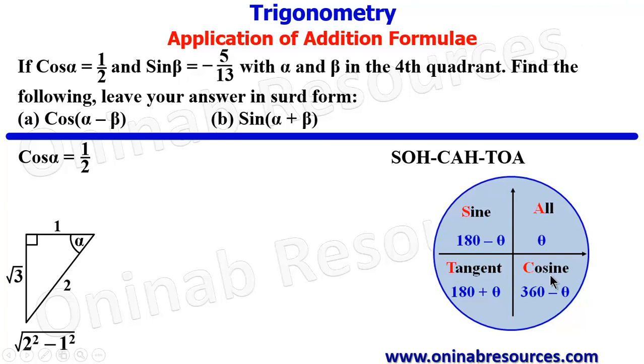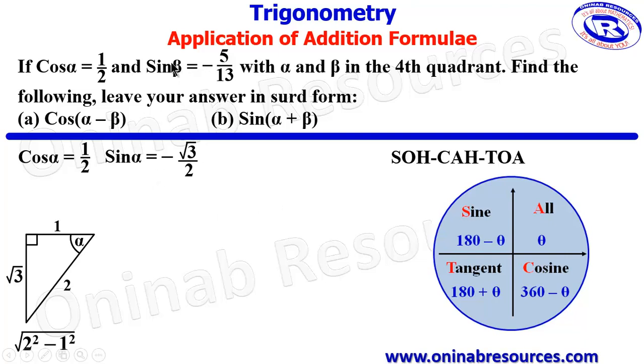And for the fourth quadrant, only cosine is positive, which means our sine alpha, since it is in the fourth quadrant, is going to be negative opposite over hypotenuse. Our opposite is root 3 and our hypotenuse remains 2. So we've gotten sine alpha from there.